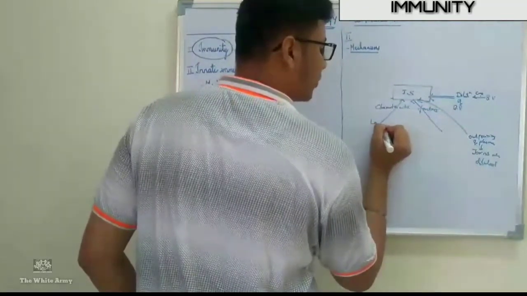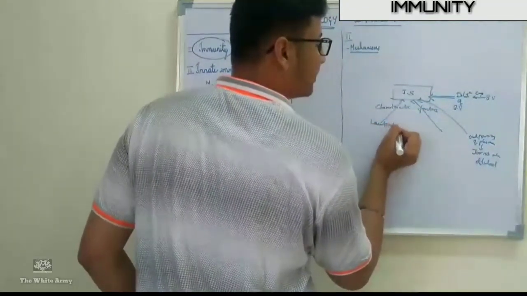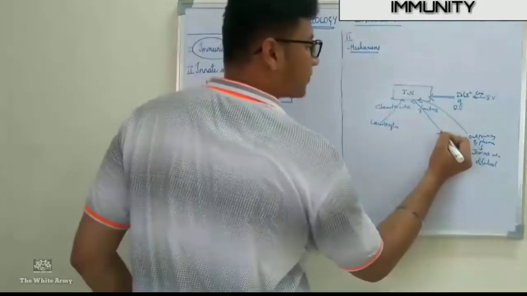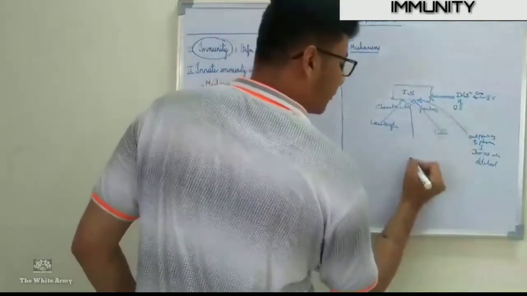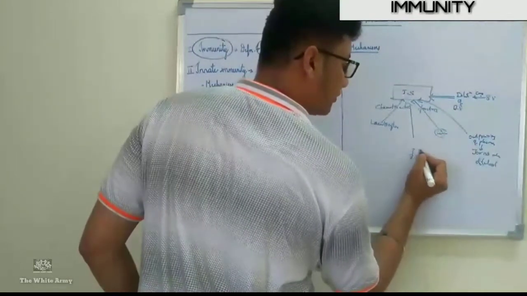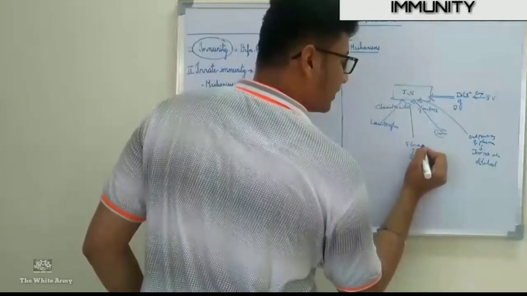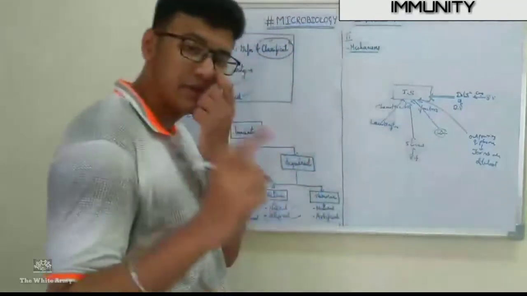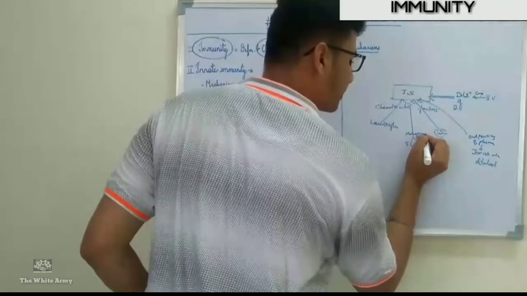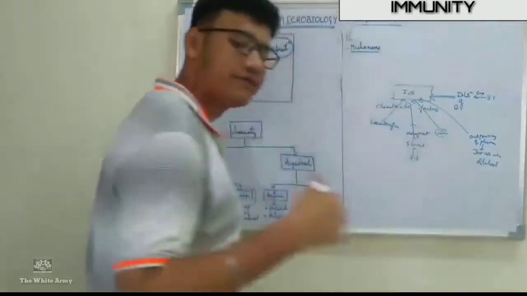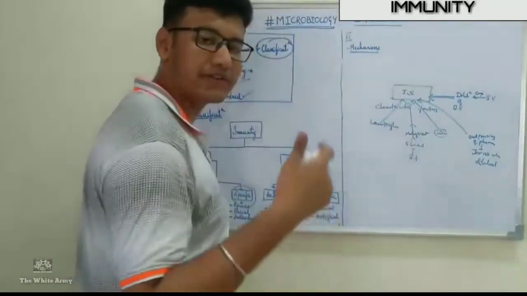Also, the blood flow will be slowed down. This will lead to margination of the leukocytes, and then the leukocytes ooze out into the site of inflammation. Okay, this is termed diapedesis.